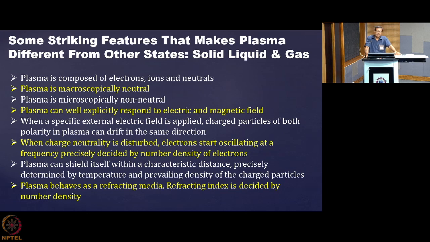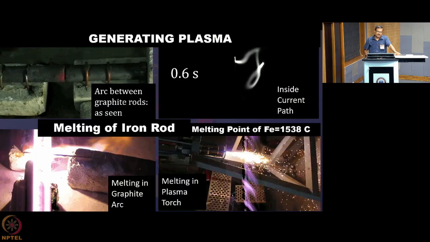Now, you know that plasma can behave as a refracting medium. Again, what will be the refractive index of that medium? That is again decided by the number density. So what we can say precisely is that plasma temperature and number density are very basic characteristic features of any plasma, which decide what kind of plasma we have created.